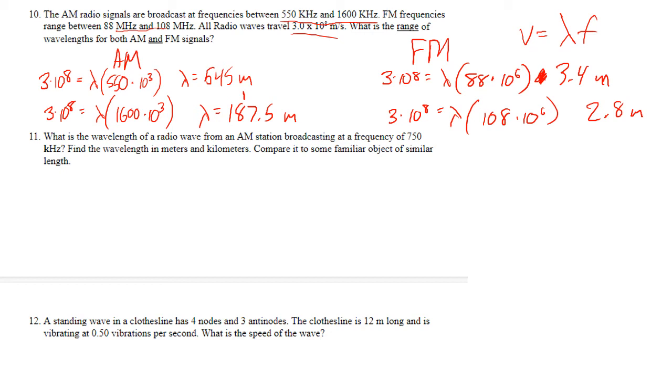Anyways, what's the wavelength of a radio wave from an AM station broadcasting at 750 kilohertz? Find the wavelength in meters and kilometers, and compare it to some familiar object of similar length. Okay. So it's going to be 3 times 10 to the 8, because that's all radio waves forever, at least in this universe, is equal to lambda times 750 times 10 to the 3.